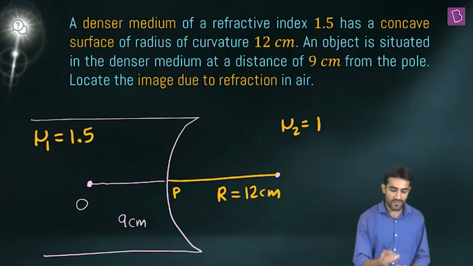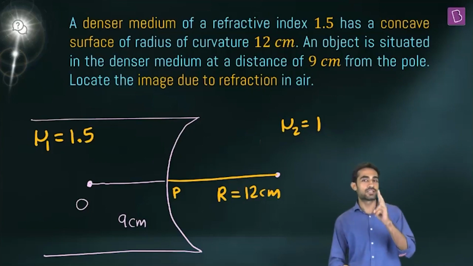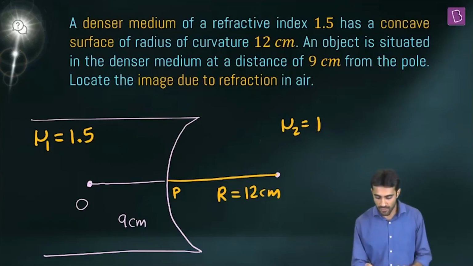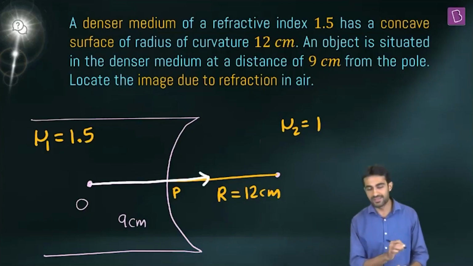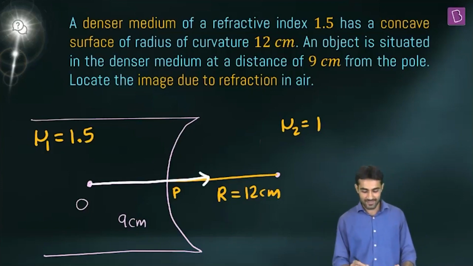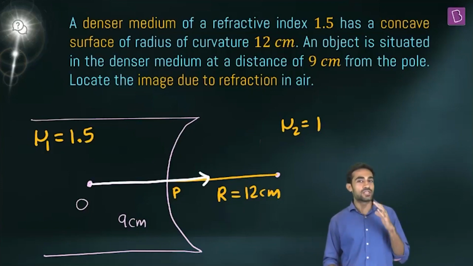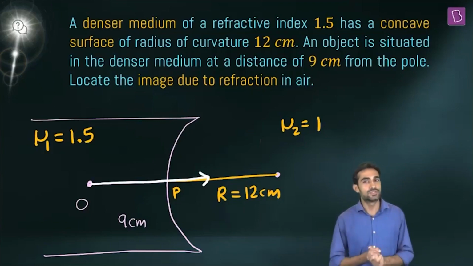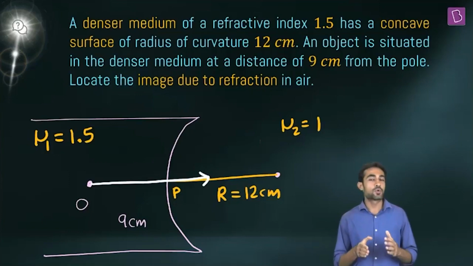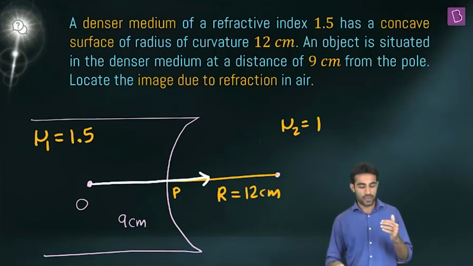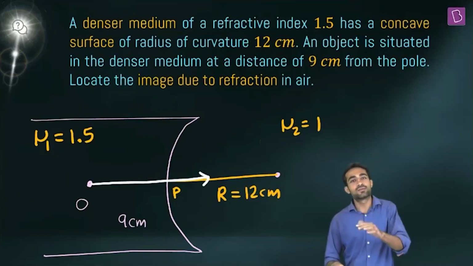Outer medium is air, and we have to locate the final image. Now, to locate the final image, we need two rays of light. The first ray of light emerging from the object goes straight on, like this. And we can see angle of incidence and angle of refraction is equal to 0. And this ray goes straight on to the pole and enters the other medium.